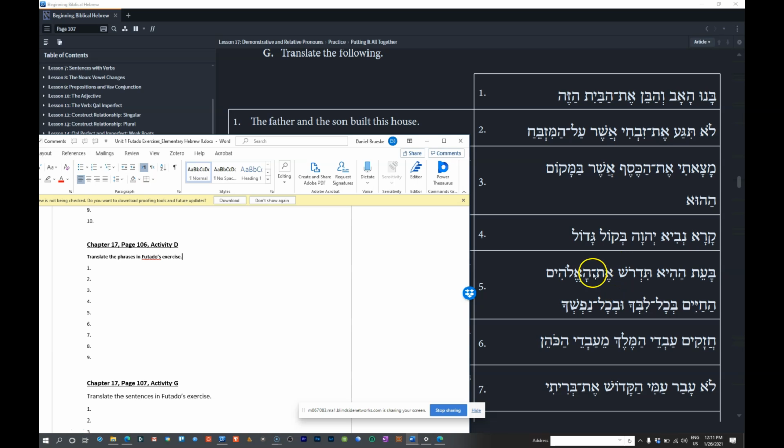Et, this is probably 80% of the time, maybe more, going to indicate our definite direct object, especially when it's et makef definite article. So seek what? Seek God, the God, but God, because if God is a name, then it's definite. So either seek God or seek the God or seek the gods, maybe even. So that word doesn't help us decide whether this is you or she. Let's keep going.